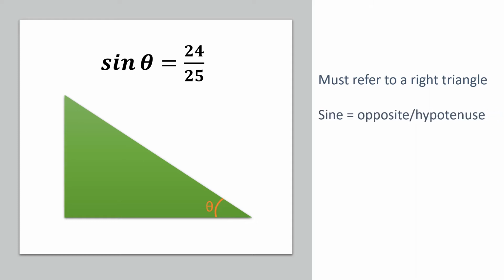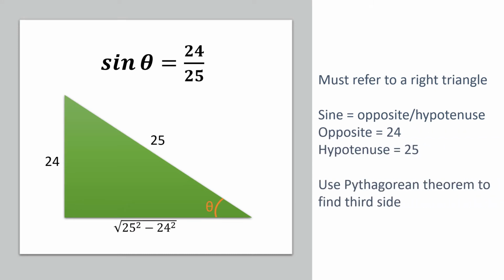We know that sine is the opposite over hypotenuse, and we have sine is equal to 24 over 25. So the opposite is 24 and the hypotenuse is 25. And we can use the Pythagorean theorem just like we did in the last problem to get the third side. 25 squared minus 24 squared is 49, whose square root is 7.